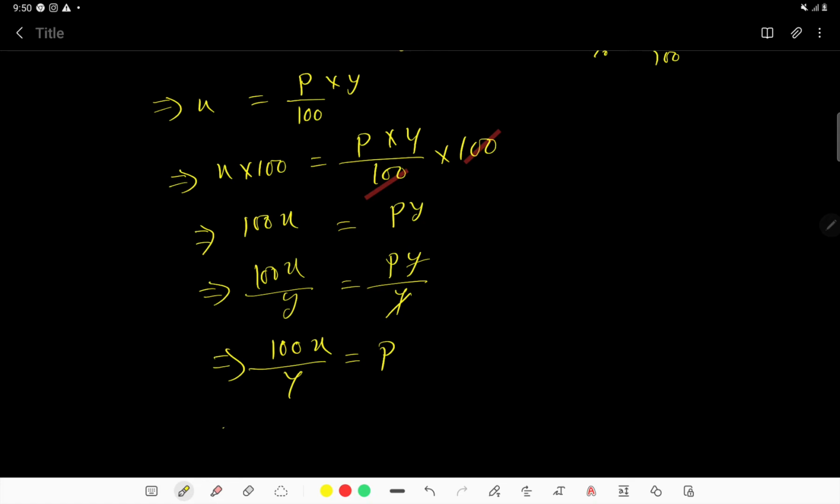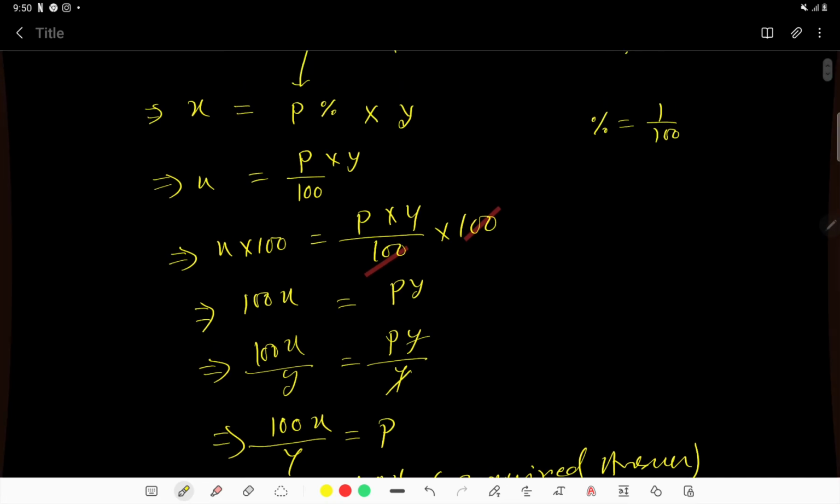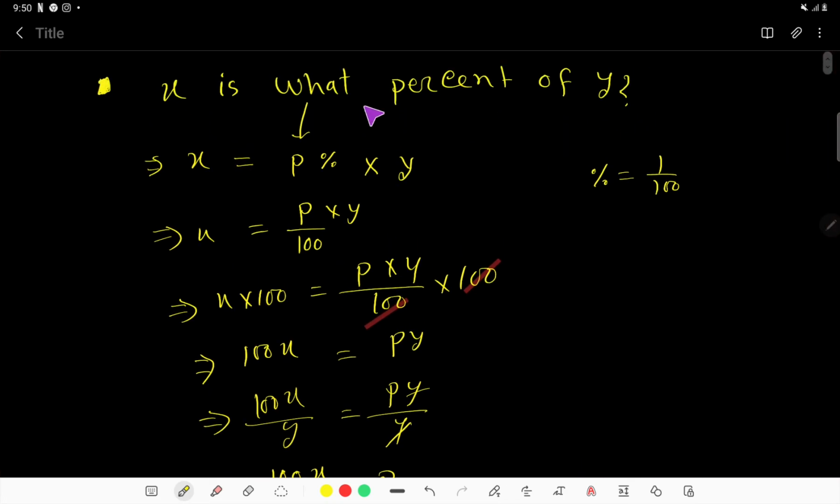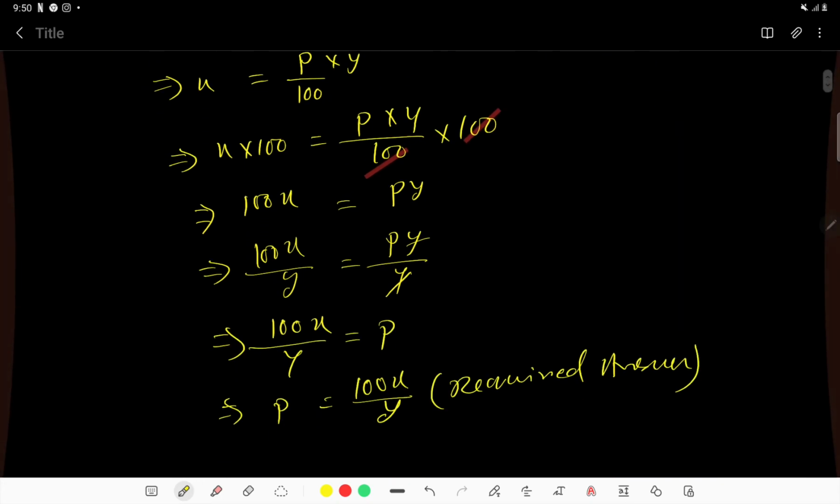That is p equal to 100x divided by y, and this is our required answer. I am just translating this sentence and doing the calculation.